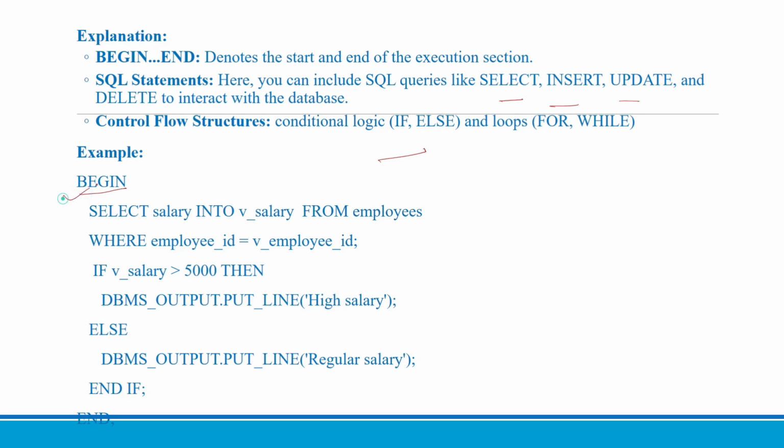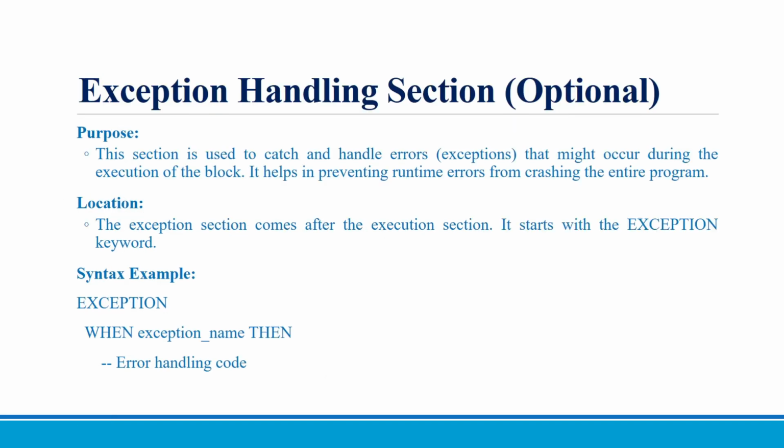We start with begin, then we simply select salary from the employee table, and if salary is greater than 500, we put the message high salary. Otherwise, we put regular salary. This is the basic simple code. We will explain it in a further example also.